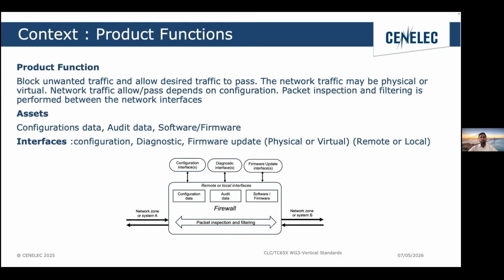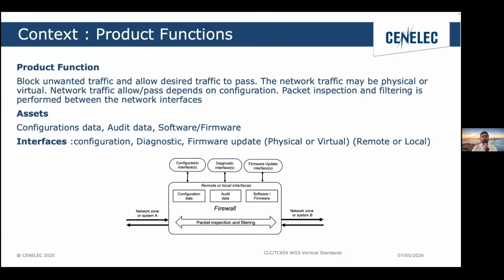So as I told, we have to establish the context of the product. All these activities are done for the development of the standard. It is not for the manufacturer to do these activities. In the standard 50770-1 for the firewall, we have performed these activities. This will help the manufacturer have this set of technical requirements which he has to apply.